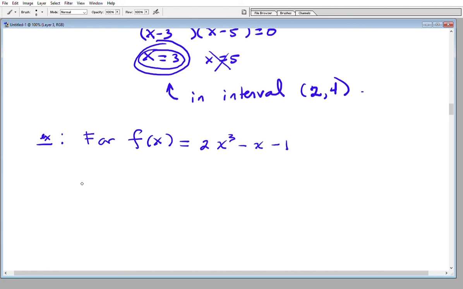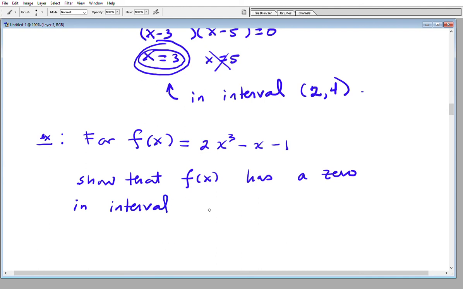Show that f of x has a 0 in interval, let's do 0, 3.